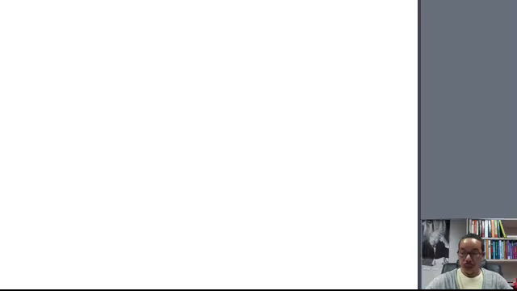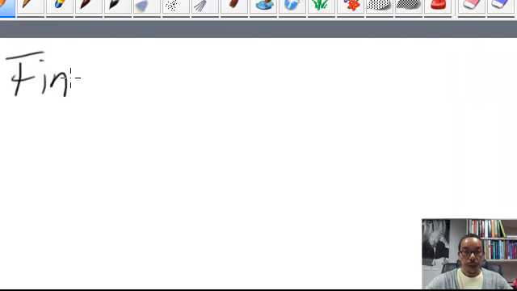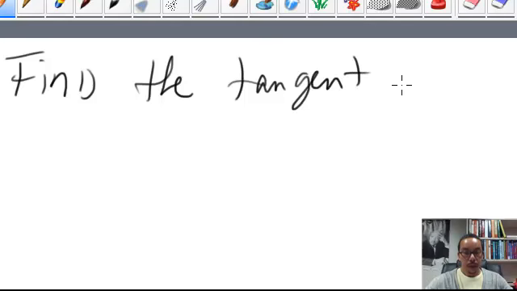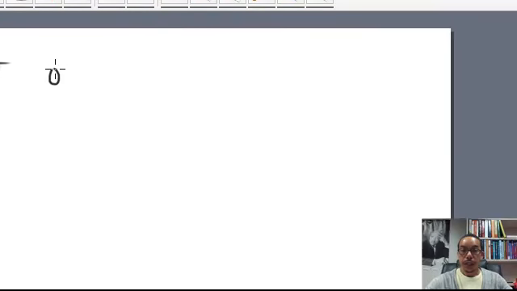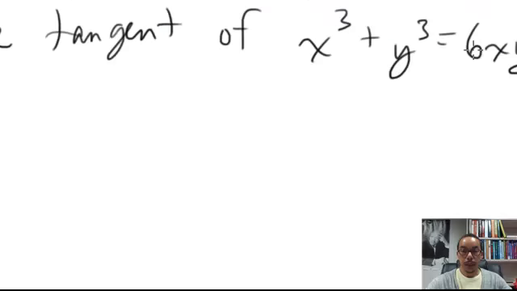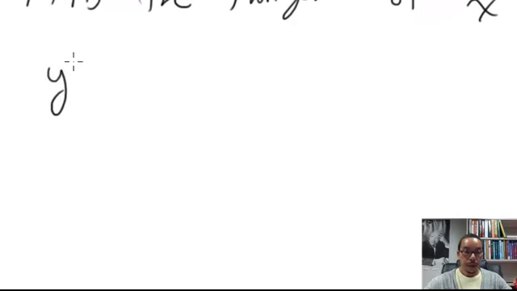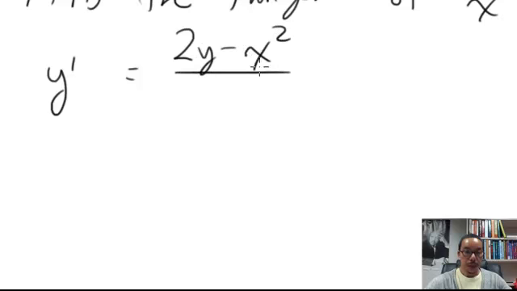It's going to say maybe find the tangent of x cubed plus y cubed equals 6xy. Well, we've already found the derivative, which is 2y minus x squared over y squared minus 2x. So they're saying find the derivative, and they'll have to give us a certain point.